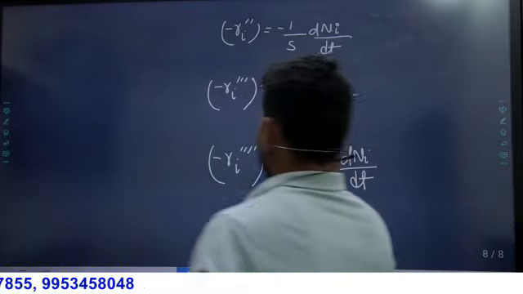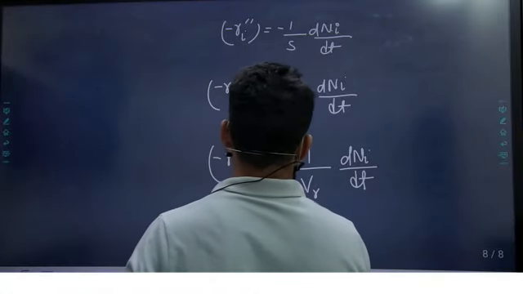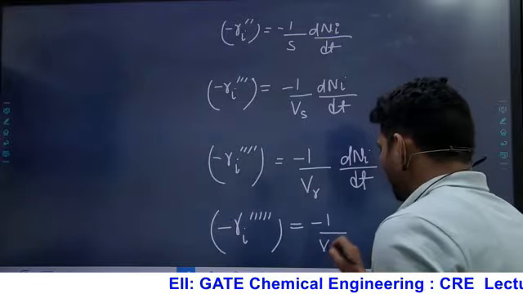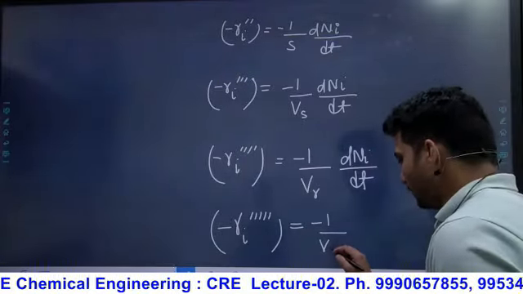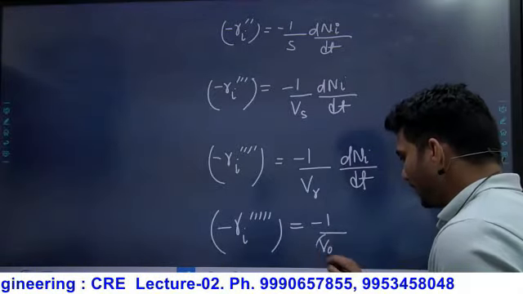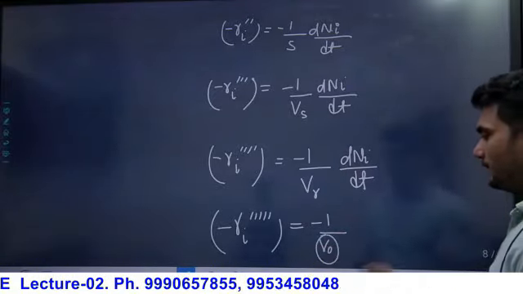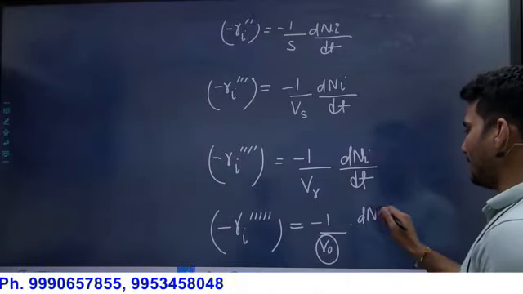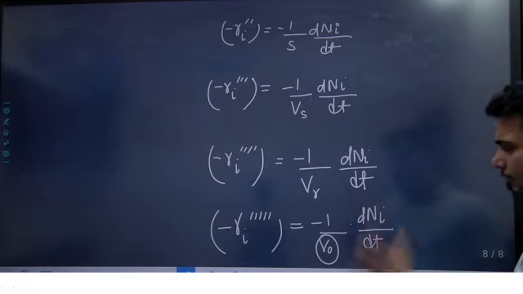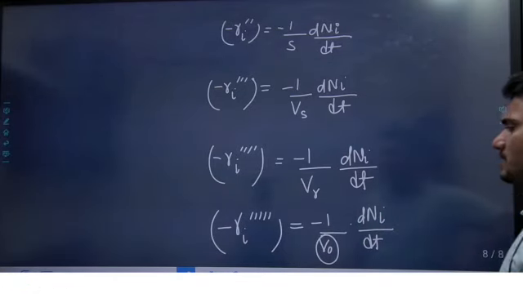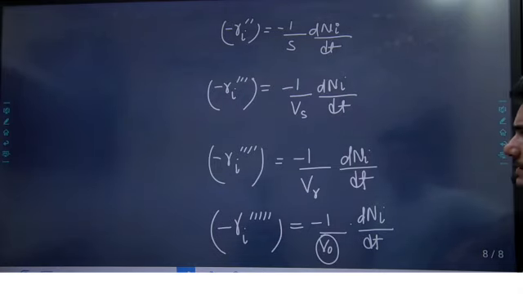You can define minus Ri fifth prime based on the void volume of the reactor, VO, times dNi divided by dt. So we have various aspects by which we can define the rate in a heterogeneous reaction system.